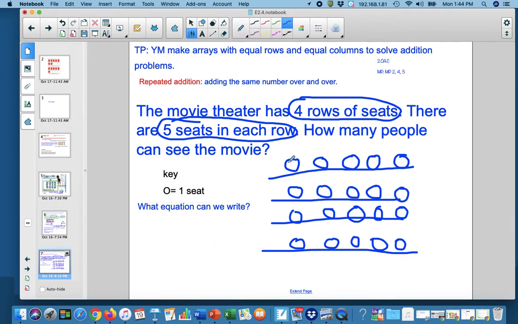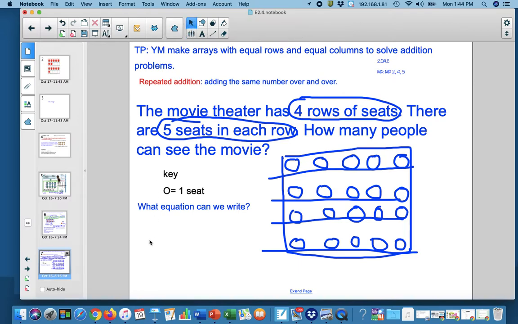Now I already know that this is an array because it makes a rectangle and there are the same number in each column and in each row. So now we could write a repeated addition sentence. Let's see if you wrote the same one that I did.